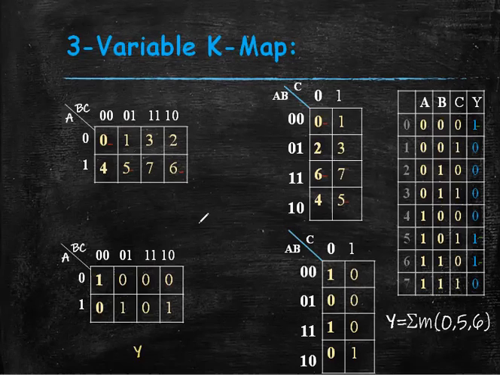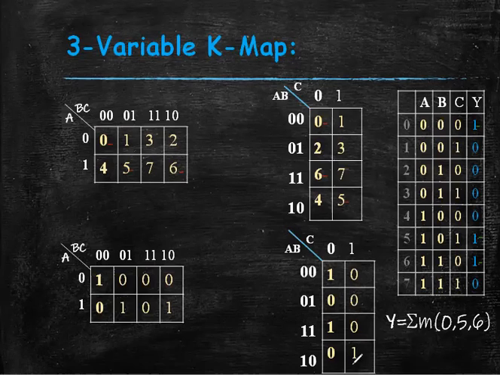Y is equal to A bar, B bar, C bar, or A, B bar, C, or A, B, C bar. And from here, look at 0, 0, 0, that means A bar, B bar, C bar. The next is A, B, C bar.